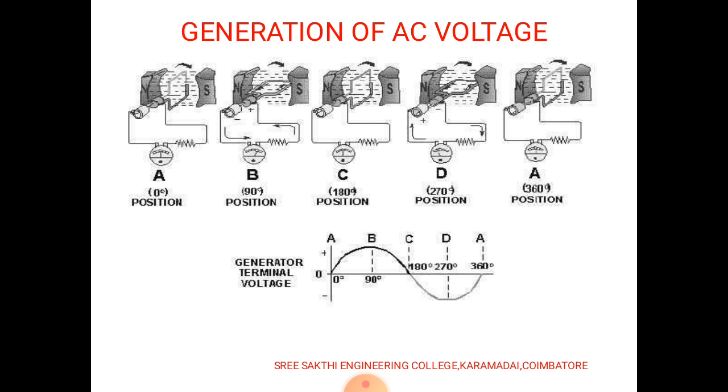In the output, position B has voltage produced, and when the coil reaches C, the half cycle of the rotation is completed. When the coil rotates further, another half cycle of the sine wave is generated.